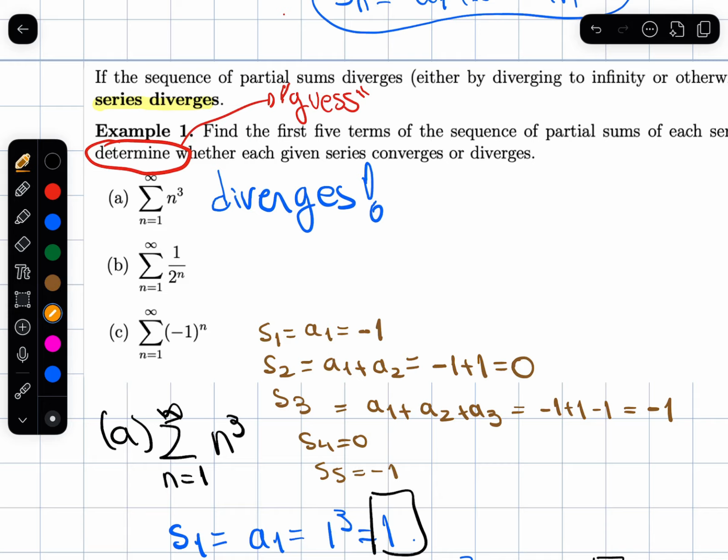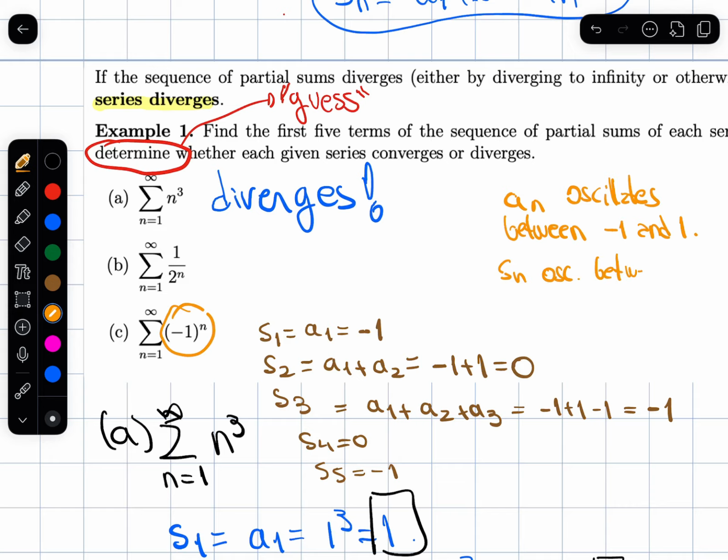So because the terms of the sequence AN oscillate between -1 and 1, and because it starts with a negative, the sequence of partial sums of the series is going to oscillate between 0 and -1.